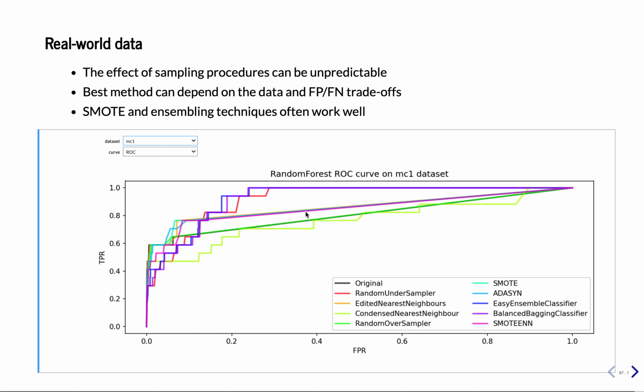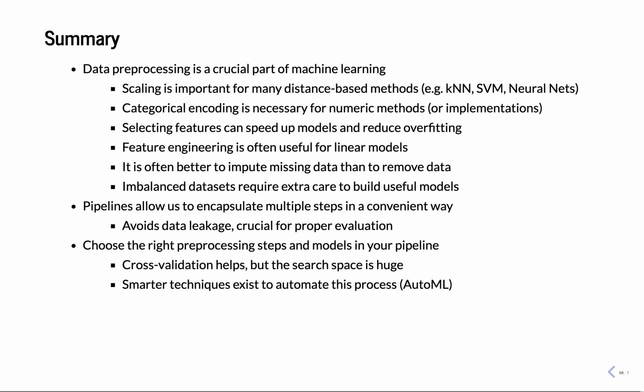Okay, that's the last part of our course on data preprocessing, and it's time to wrap up. First of all, data preprocessing is probably one of the most crucial steps in machine learning. You can typically get much better performance if you spend some time preprocessing rather than fine-tuning your machine learning models.